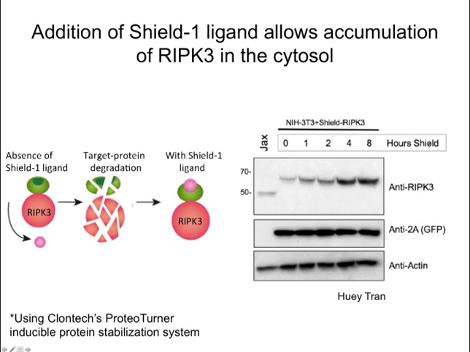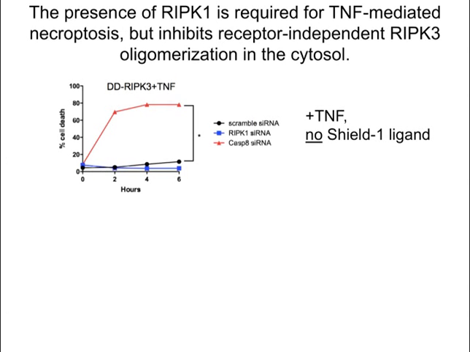But when we add our Shield drug to stabilize this domain, we induce the accumulation of RIP3 over time. So we can now, independent of any kind of receptor activation or dimerization, simply accumulate RIP3 in a cell. And we can now test whether that accumulation of RIP3 is actually being modulated by caspase-8 and RIP1.